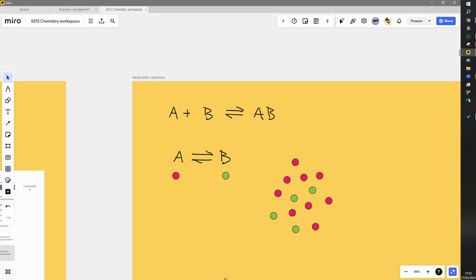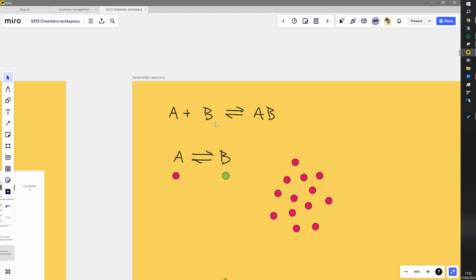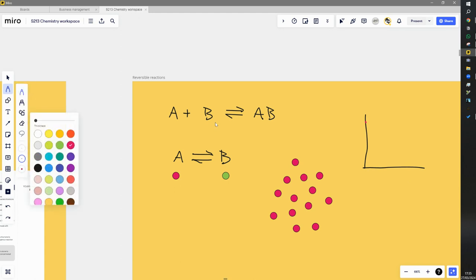So at the start, we only had A. If I were to draw a graph of the rate of reaction for just A, maybe I'll use a pink line. Along the x-axis is time.